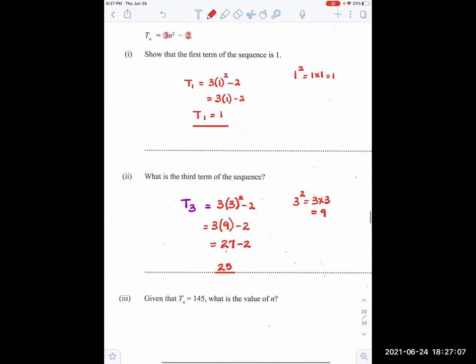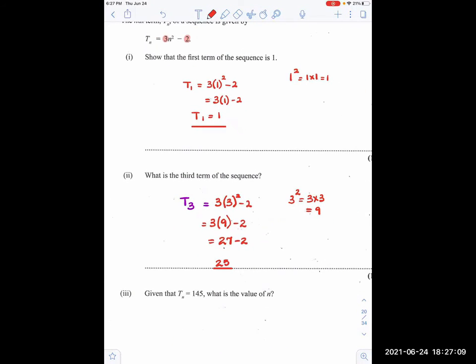Now that wasn't too bad, right? So here they're asking for n again. So you know what? We're leaving that out because we don't know how to find n. No. We need to make sure we get marks in every question. So here is what we know. We know Tn is 145.